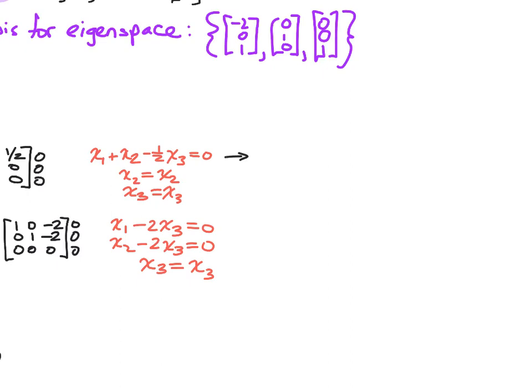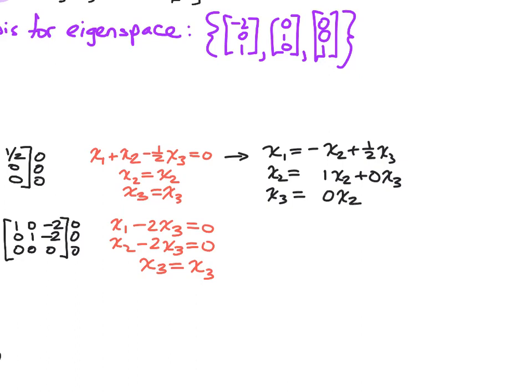So this is going to be the same as saying x1 is equal to negative x2 plus 1/2 x3. x2 I'm going to say is equal to 1x2 plus 0x3. And x3 is going to be equal to 0x2 plus 1x3.